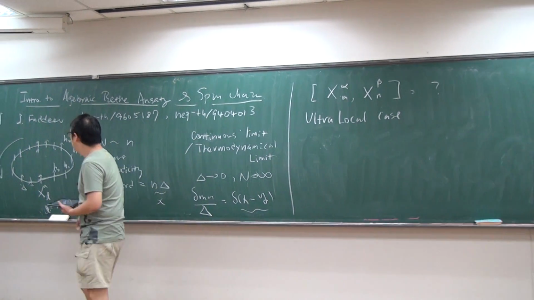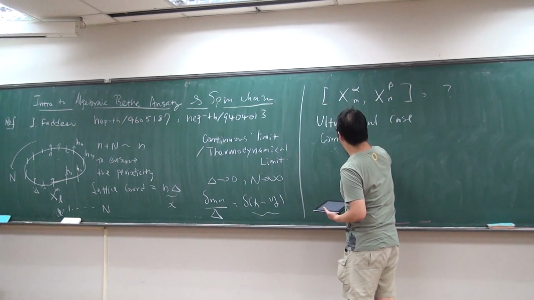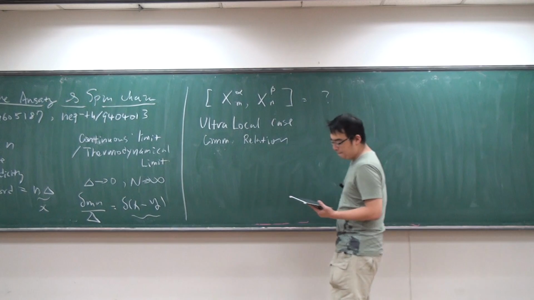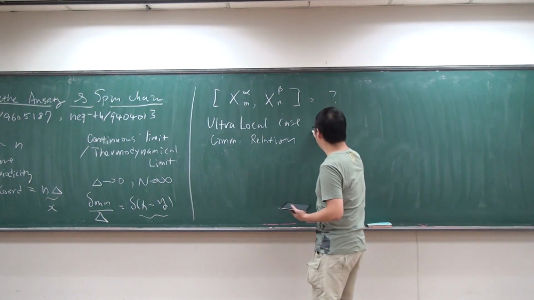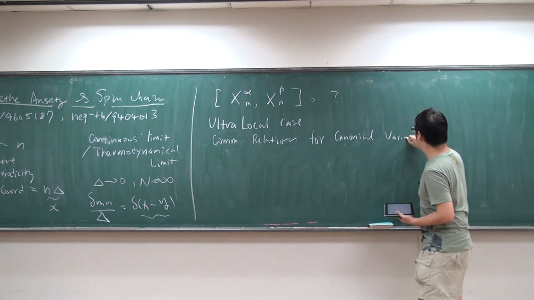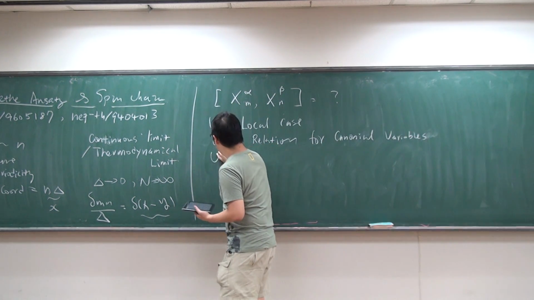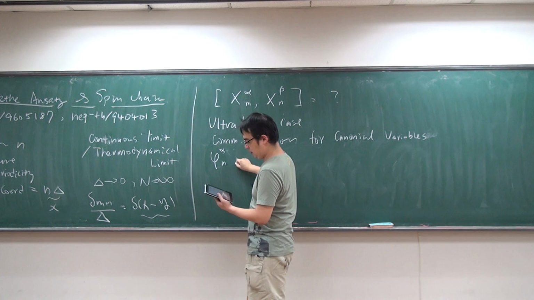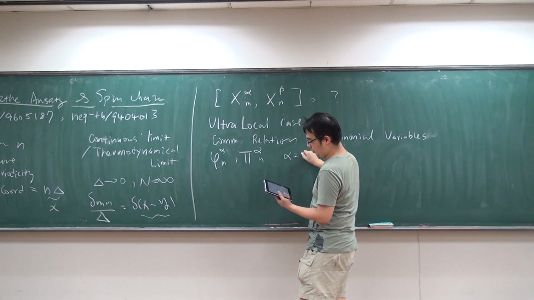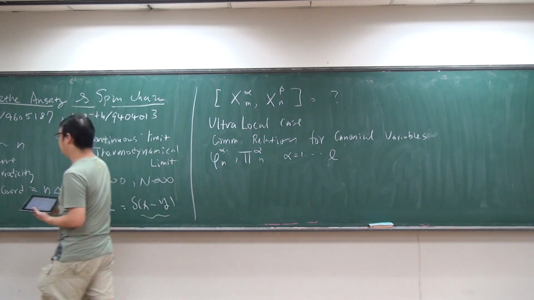For the ultra-local case, we can write down the commutation relation between the canonical variables, or basically the position variable phi alpha n and phi alpha n, where alpha goes from 1 to L, taking some finite values.